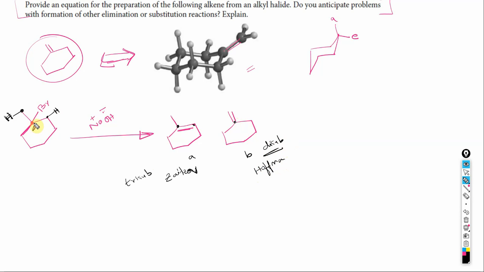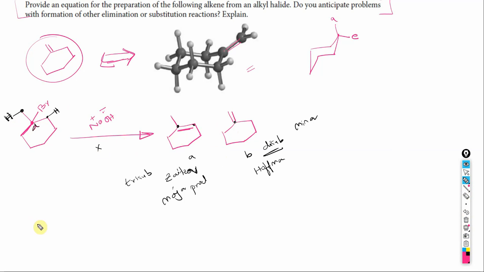So if you start with this alkyl halide and use sodium hydroxide, you're going to get this as the major product because that's a more substituted alkene, and this is going to be the minor product. Therefore this alkyl halide in combination with sodium hydroxide is not going to give you the product you're looking for as the major product. It's going to give you one of the isomers as the major product. So this combination of reactants will not be the right answer.